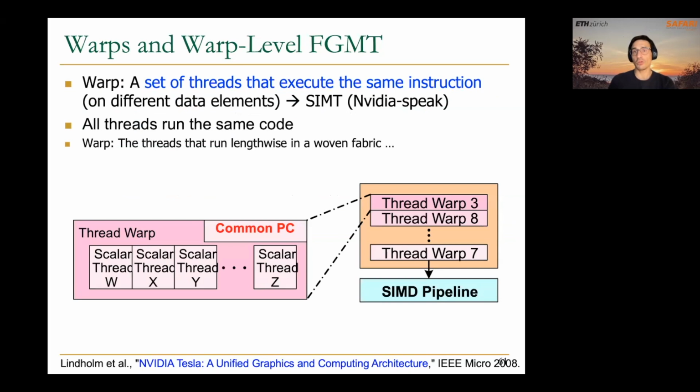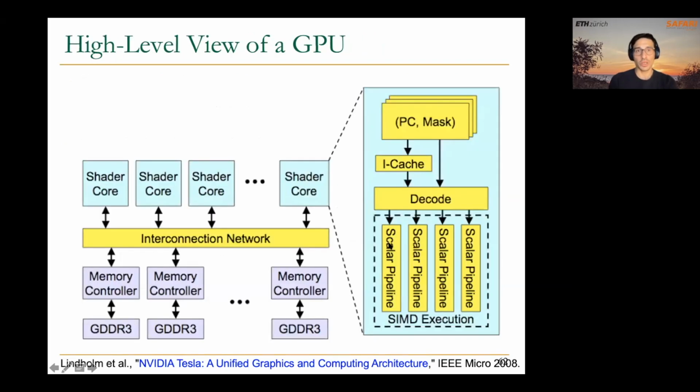So this fine-grained multithreading technique also applies to the warps and the execution of warp instructions on the SIMD pipeline of GPUs. For every single warp, the warp is composed of multiple threads, and they have a common PC. So here you have another view of the GPU. This shader core is what we normally call a GPU core.